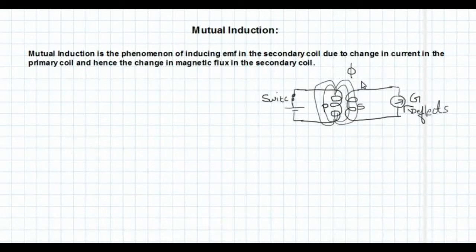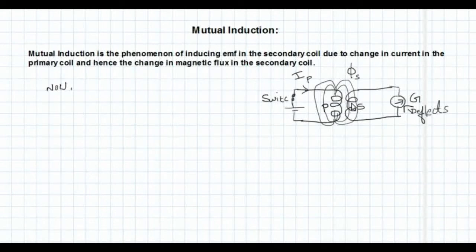Now let phi s be the magnetic flux linked with the secondary. So the flux of the primary is linked with the secondary. Phi s depends on the current flowing through the primary, right? If there is less current, there is less magnetic flux. If there is more current in the primary, then there is more magnetic flux linked with the secondary.